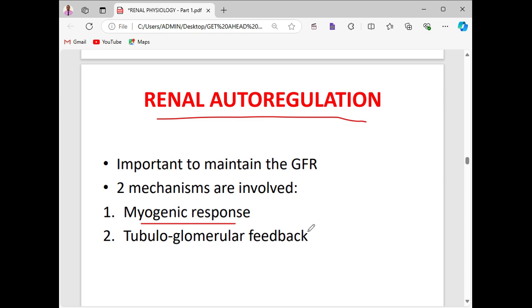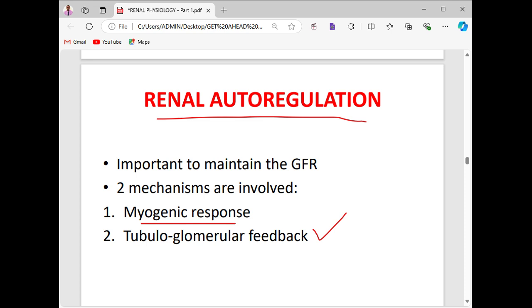Then, secondly, we have tubular glomerular feedback. This one is determined by the amount of sodium chloride in the tubular fluid, and it occurs in the juxtaglomerular apparatus where the distal convoluted tubule contacts the afferent arteriole.